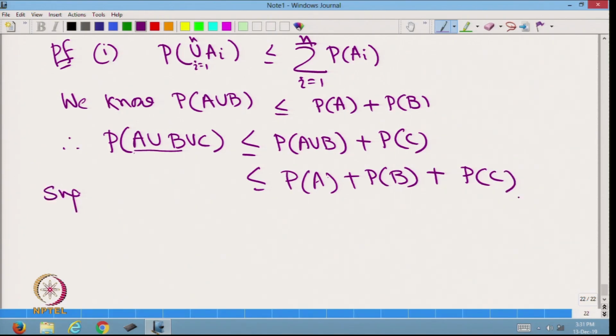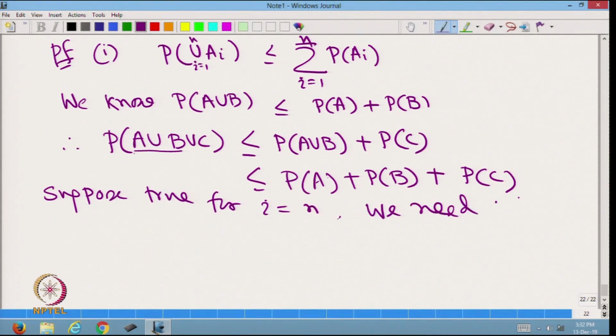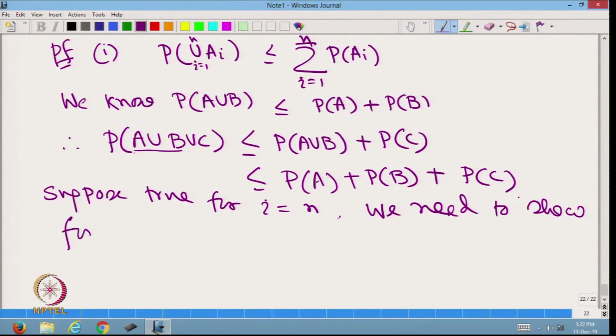Suppose it is true for n, we need to show it for n plus 1.